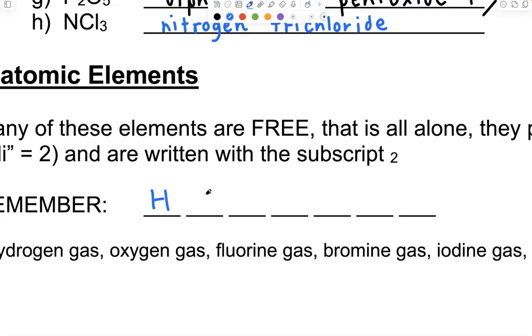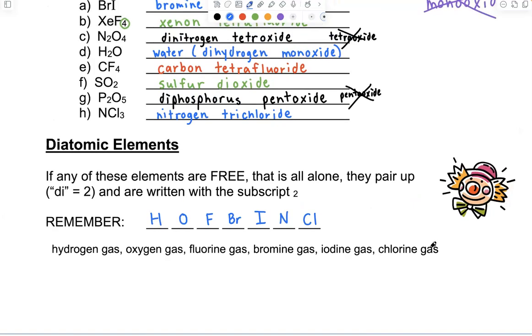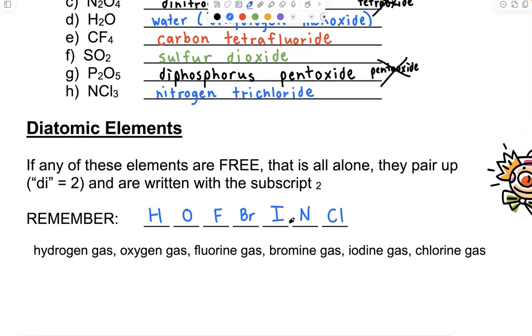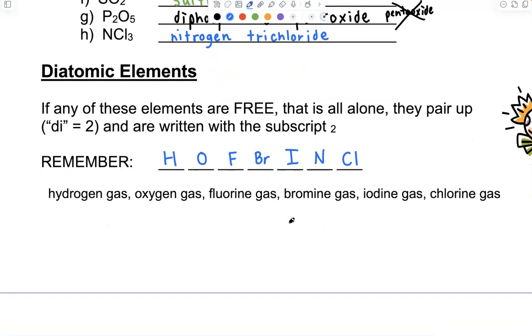So we have H, O, F, B, R, I, N, and C, L. So if you can remember this acronym, okay, this tells you what elements exist as diatomic elements.